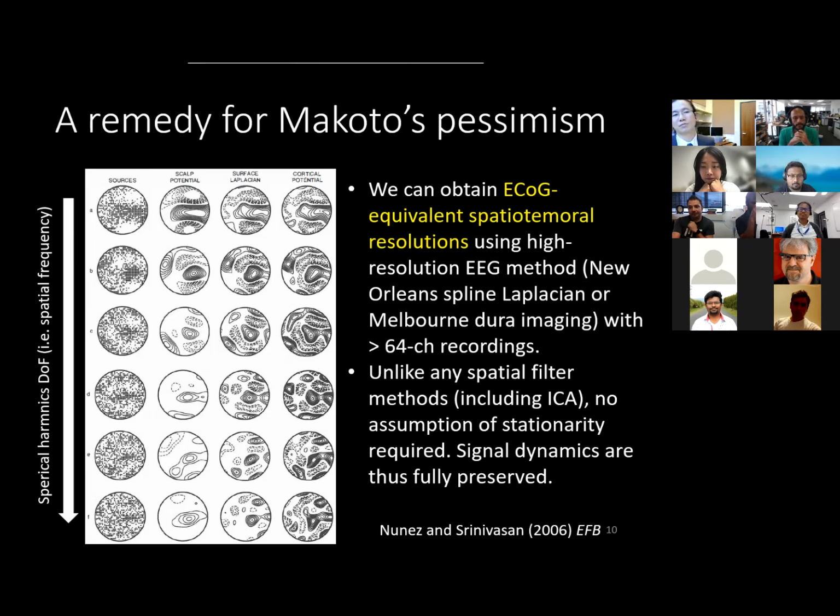And these guys proposed a seemingly very reasonable solution. And it was way before the use of ICA. So I'm now looking into this solution, which is basically the spline Laplacian or the Melbourne dural imaging, if you have more than 64 channels. But I'm not going into this topic in detail today.